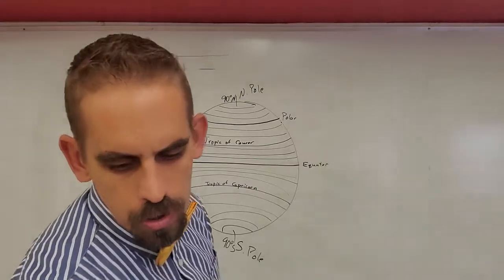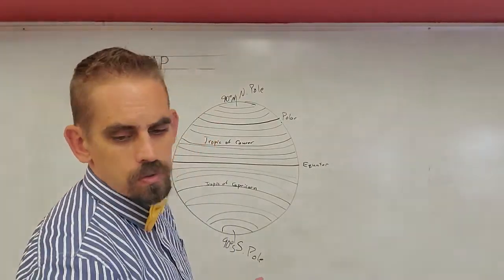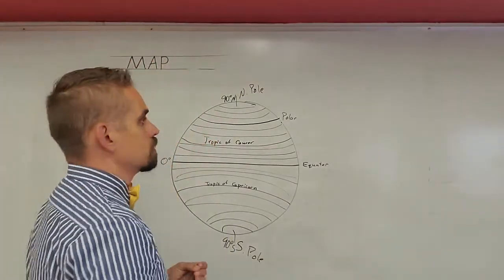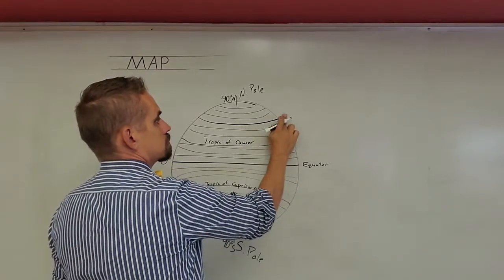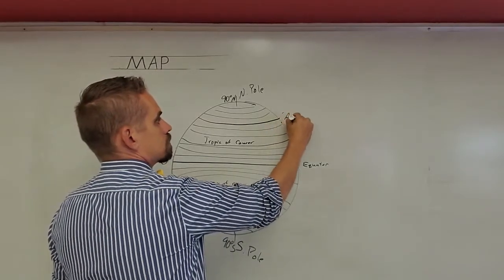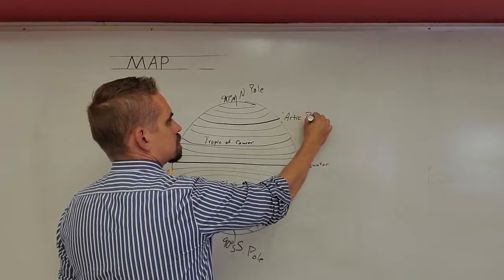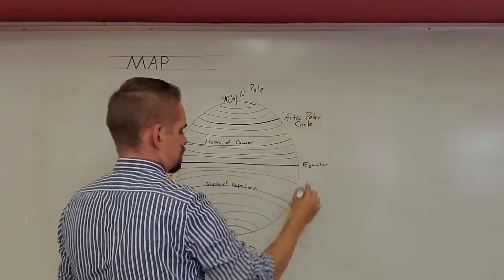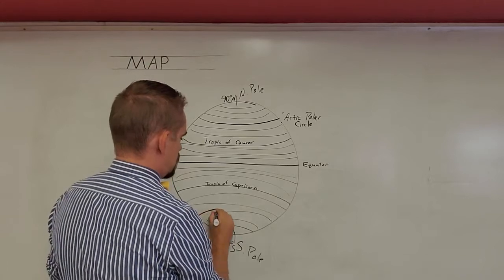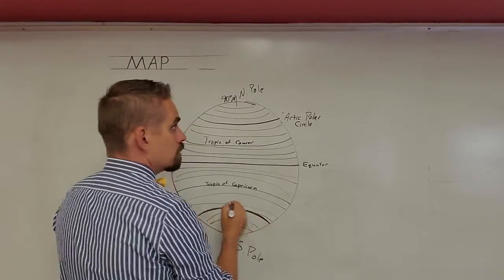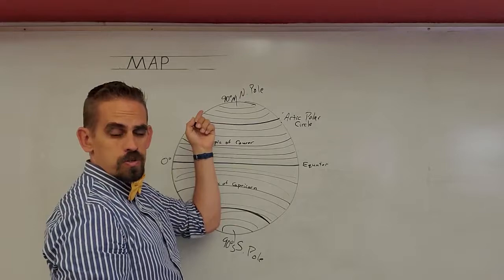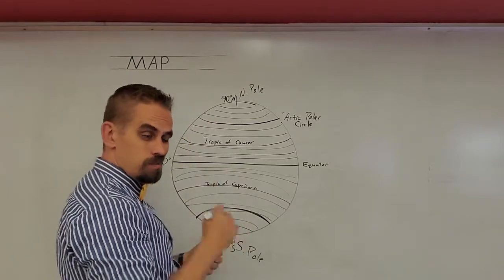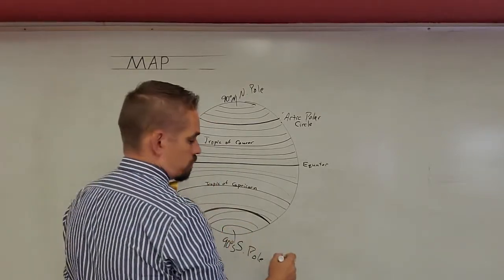Let's say polar, why am I going blank on this? Polar circles. So this is your, so up here would be your Arctic polar circle, and down here would be your Antarctic polar circle.